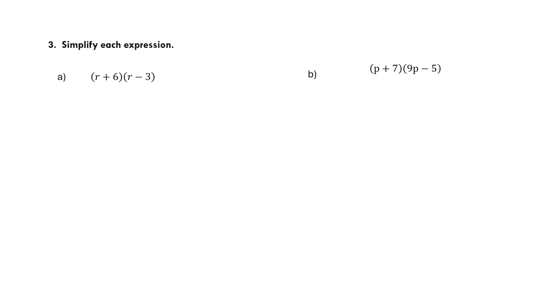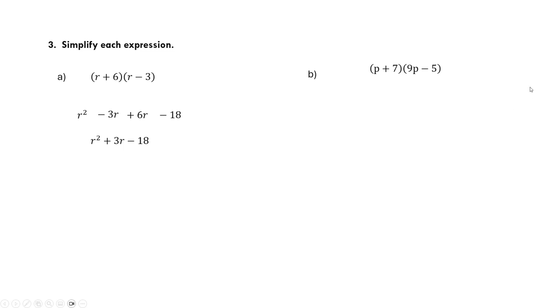Simplify each expression. So again, we'll just expand. R plus 6 times R minus 3 using our FOIL method gives us a final answer of R squared plus 3R minus 18.